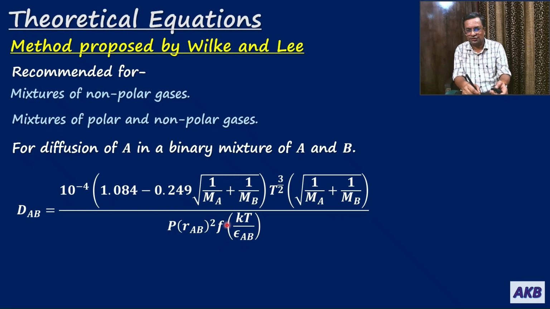I will tell you what the terms involved are. If you look at this equation, DAB depends on MA and MB, that is, the nature of the component. DAB depends on temperature, and DAB also depends on pressure. Now let us know what the terms involved in this equation are.